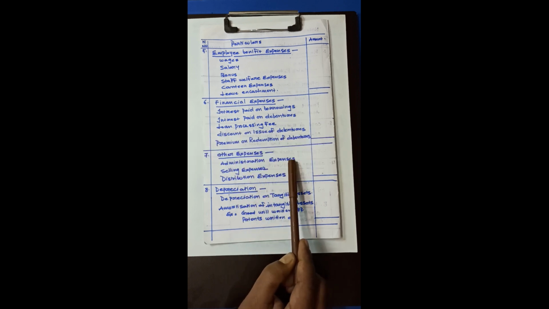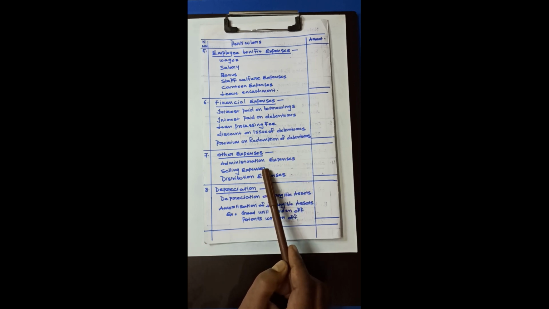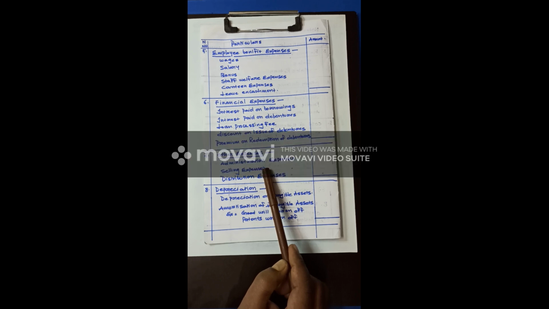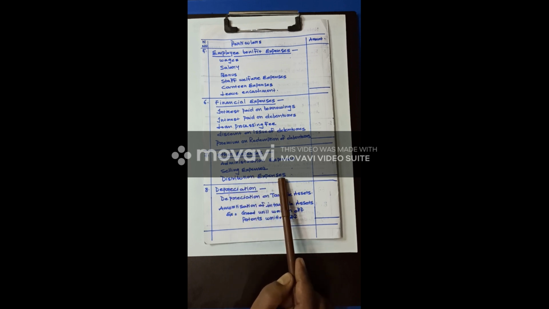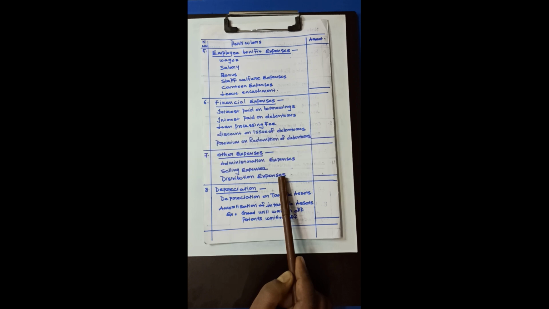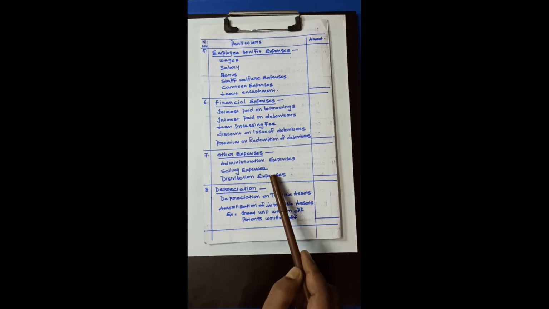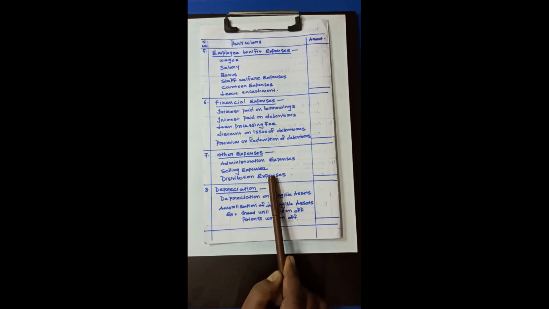Administrative expenses, examples: printing, stationery, postage, telegram, audit fees, legal fees, etc. Selling expenses like advertisement, salesman salary, salesman commission, etc. Distribution expenses like godown rent, godown insurance, packing material, carriage outwards, that is carriage on sales, etc. So these are the various other expenses which we take into this.